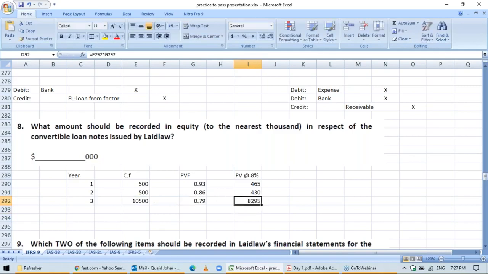Now this gives you the liability component, which is 9190.